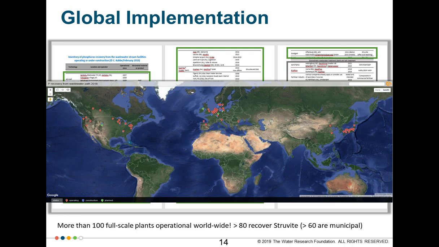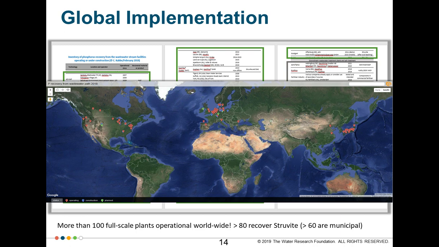I think most of you already heard about it. More than 100 full-scale recovery plants are already up and running, more than 80 are struvite recovery units, and 60 are municipal-based. Others are in industrial streams like dairy industry or potato processing, so it's food industry-based wastewater.